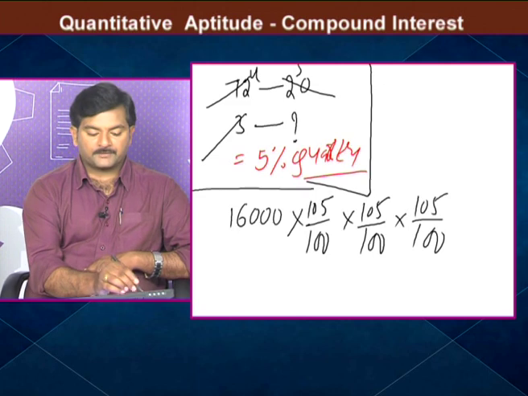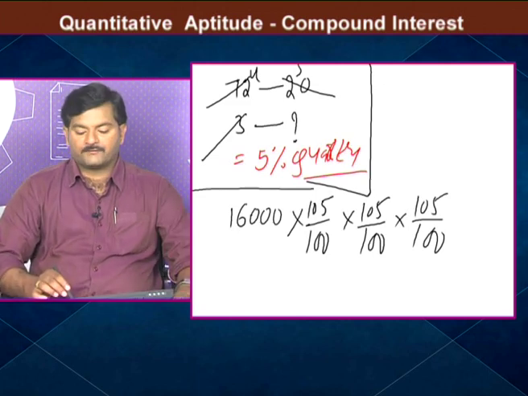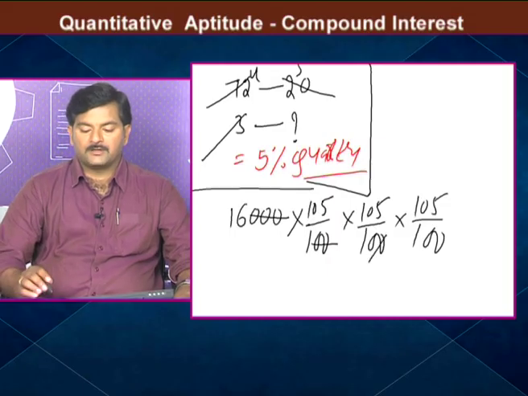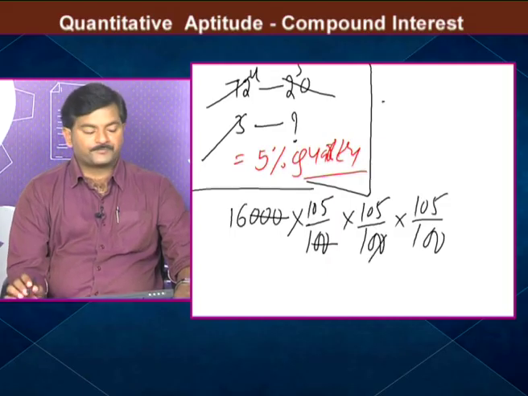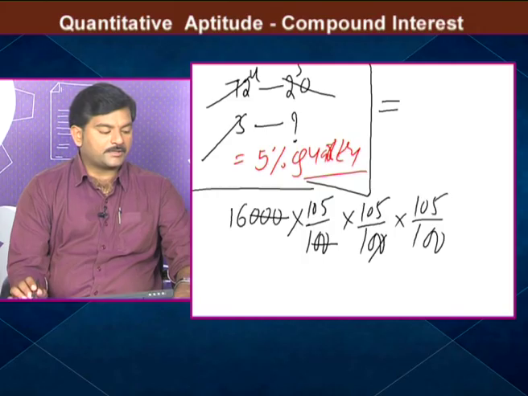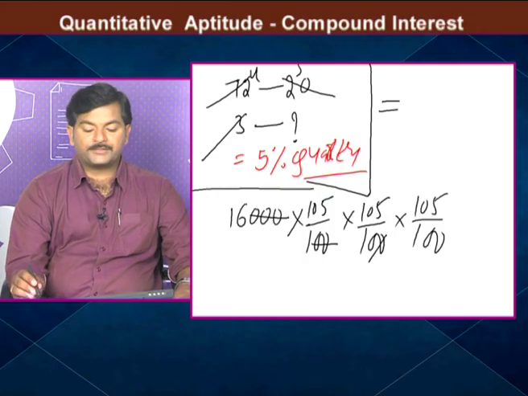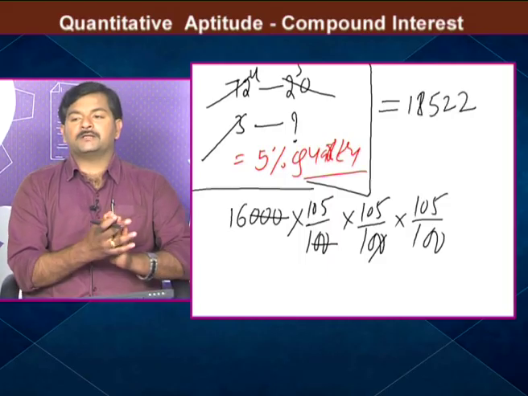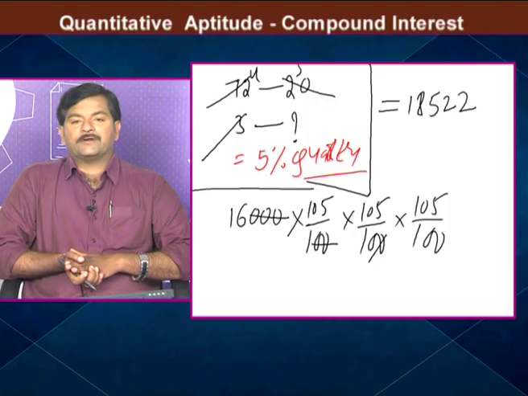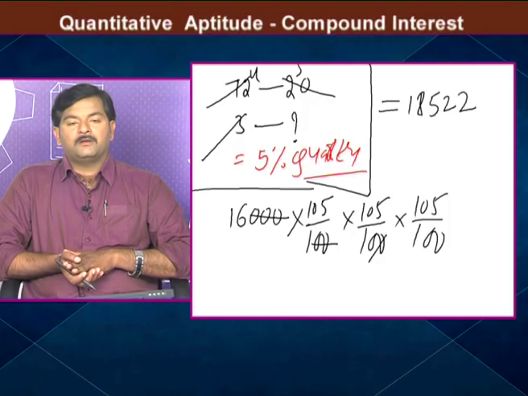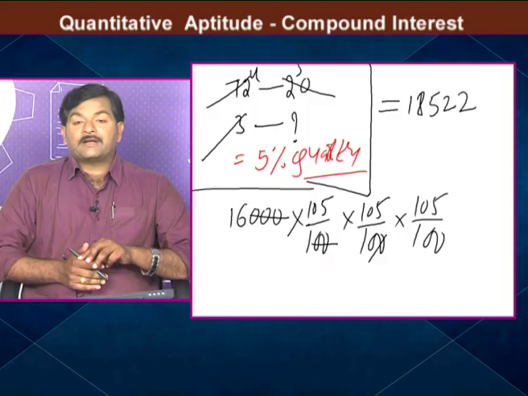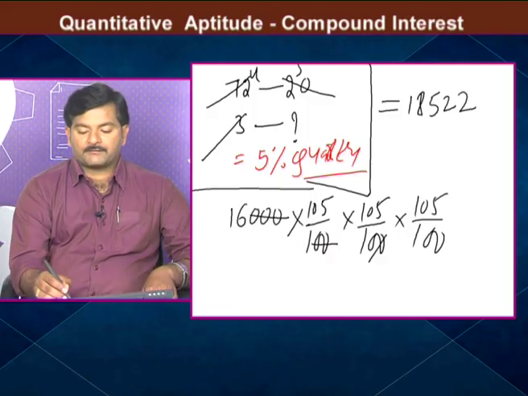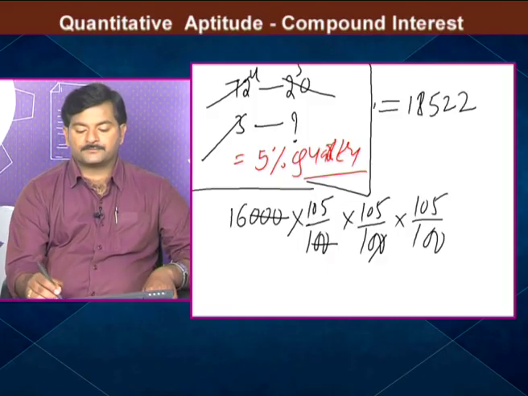So simplification, calculation: the 3 zeros here cancelled. After simplification, you are getting the amount as how much? 18,522. It's clear. 18,522 is the amount. But do we require the amount here? No. We required only compound interest.